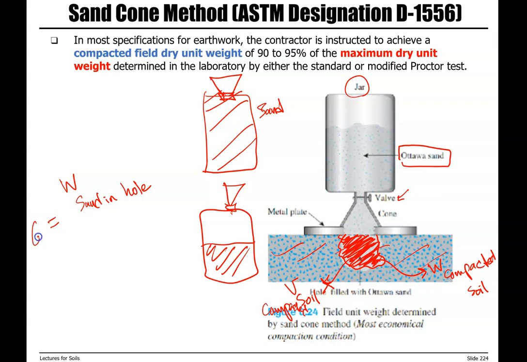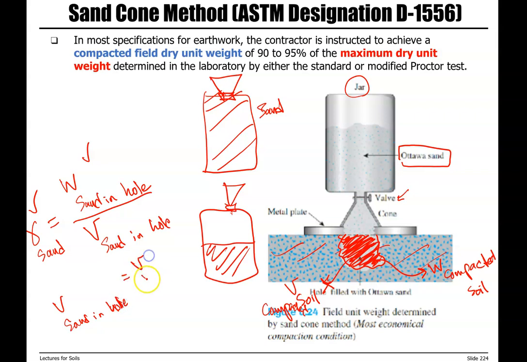We have unit weight of sand. We know this. We can calculate volume of sand in the hole that we made, and volume of sand in the hole is equal to the volume of the hole, which is equal to the volume of compacted soil that we removed from the hole, which is this one.